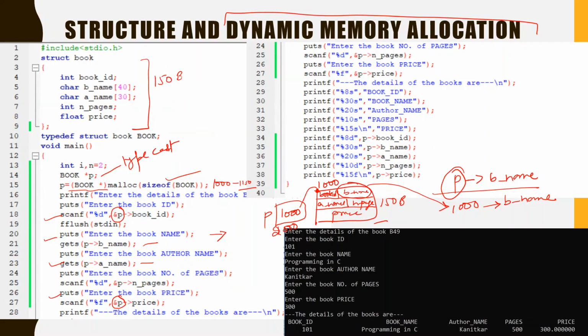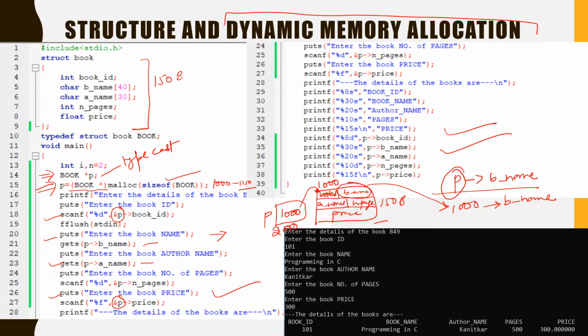In this way, through the arrow operator, we can access the member variables for input, and here we have done the output with the help of the member variables. The main and important thing that you need to note here is that no normal variable has been declared of the type book, but we have only created a pointer for the book, and we have dynamically allocated memory on the basis of need and during the runtime for this particular pointer p.